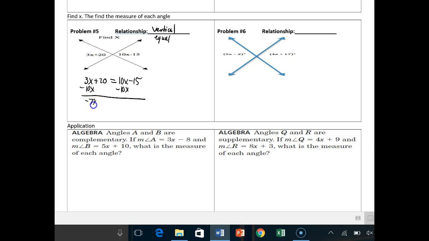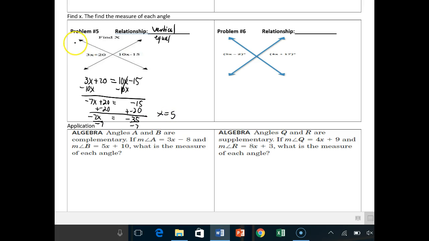I'll get negative 7x plus 20 equals negative 15. I'll then subtract or add negative 20 to both sides, and I'll get negative 7x equals negative 35. I then divide by negative 7, and I get x is equal to 5.